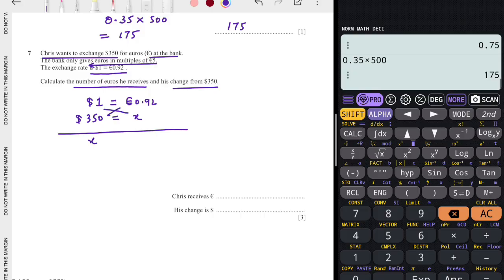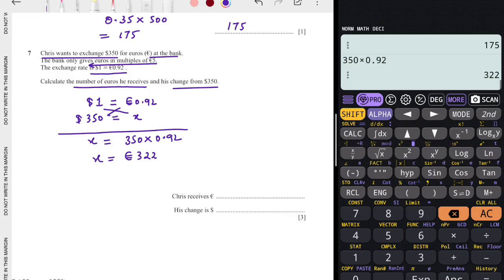So x times 1 is equal to $350 times 0.92. So it would be 322 euros. Now the bank deals only with multiples of 5.